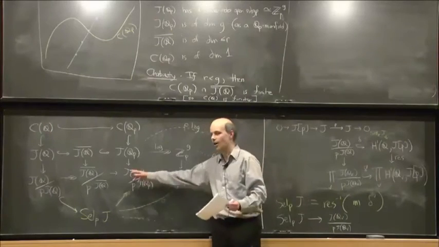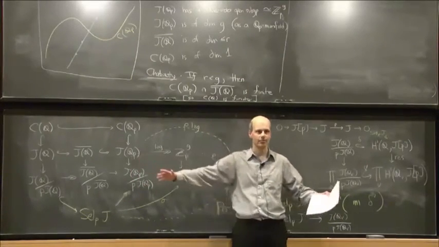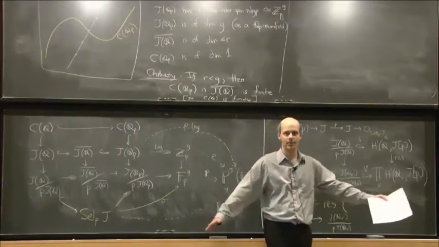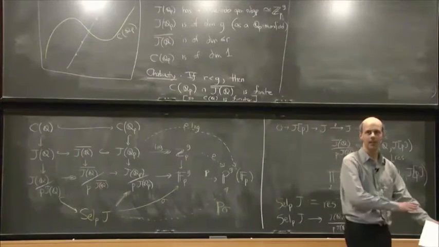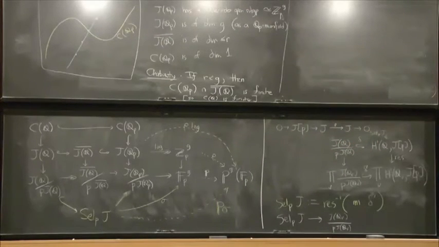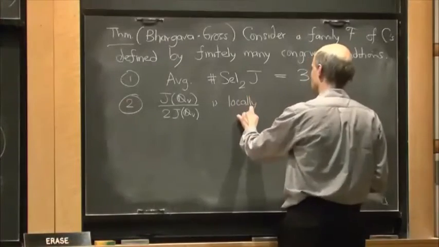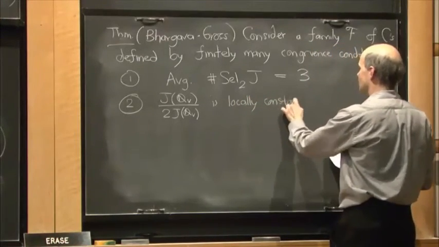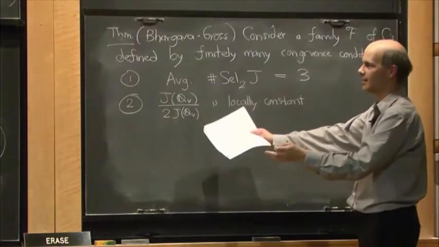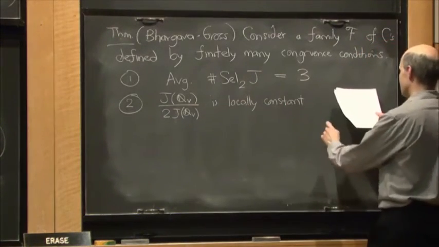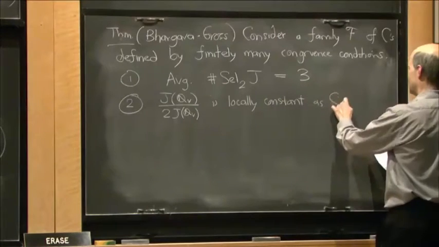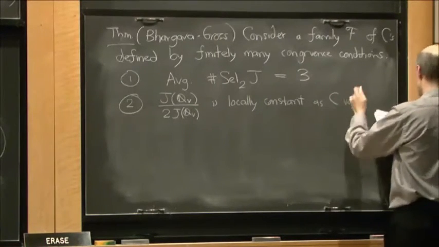This forms a locally constant bundle of finite groups above the space of all hyperelliptic curves. Not just locally constant, but in a canonical way, it's locally constant as C varies p-adically.